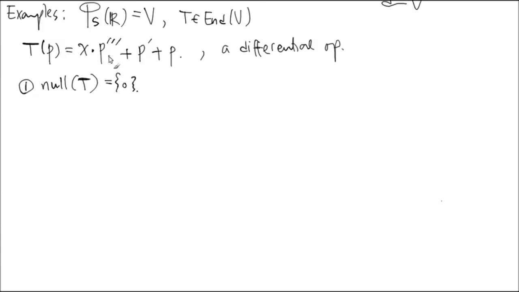You bump it down 3 times as you differentiate, and you bump it up by 1 by multiplying, right? How about this one? You bump down the degree by 1. How about this one? No change. So does that help you to see why the null space is 0? The degree, the highest term, is untouched by the other ones, right? How can that be 0? It has to be originally 0, right? Does that make sense? All right, so that's a homework. You good?